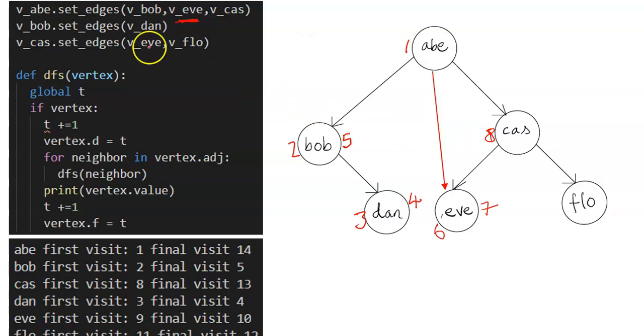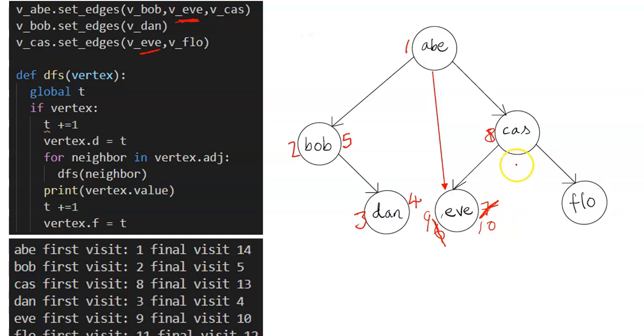But once we visit Cas, we see that the first item on Cas's adjacency list is Eve. So from Cas, we're going to visit Eve, and this 6 is going to be updated to a 9. Then Eve doesn't have any adjacencies, so this 7, its finish time, we're going to update to 10.